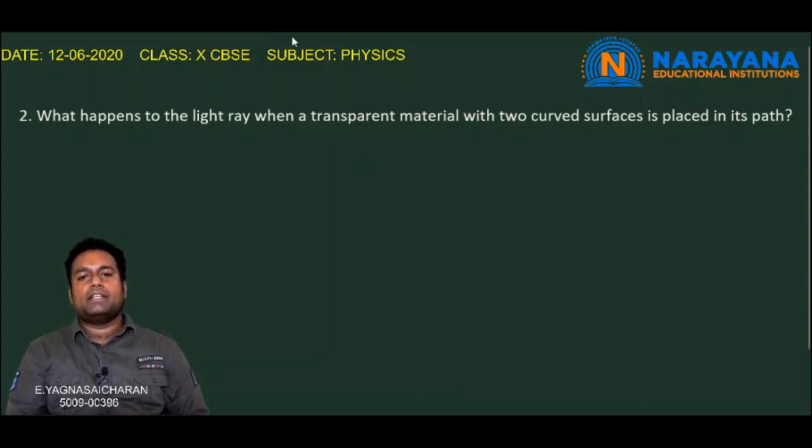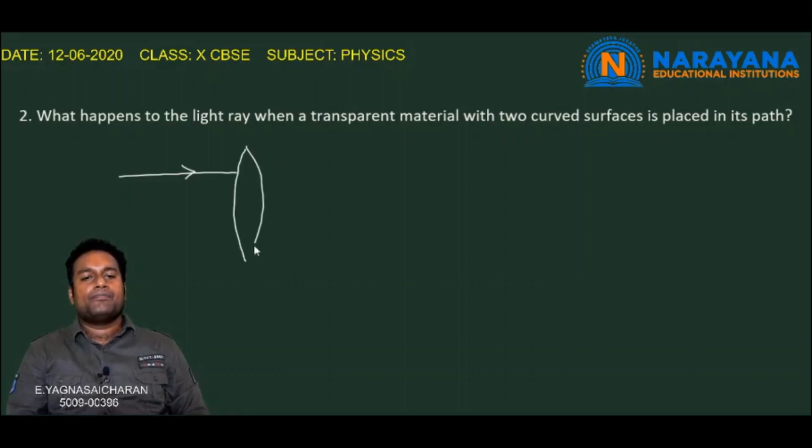What happens to the light ray when a transparent material with two curved surfaces is placed in its path? Let us consider a light ray falling on a transparent medium with two curved surfaces, which is going to become a convex lens.